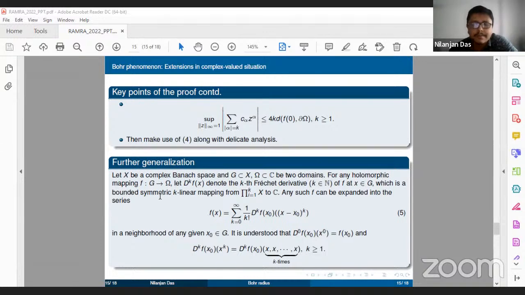For any holomorphic mapping f that maps G into Omega, we denote by d^k f(x) the kth Fréchet derivative, and we know that any such f can be expanded into a power series using this Fréchet derivative: f(x) equals the sum over k from 0 to infinity of 1 by k factorial d^k f(x_0)(x minus x_0) to the power k, like this equality 5.